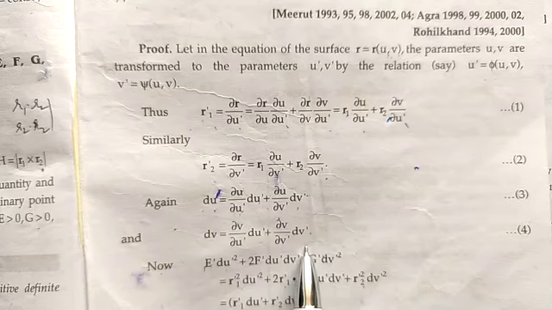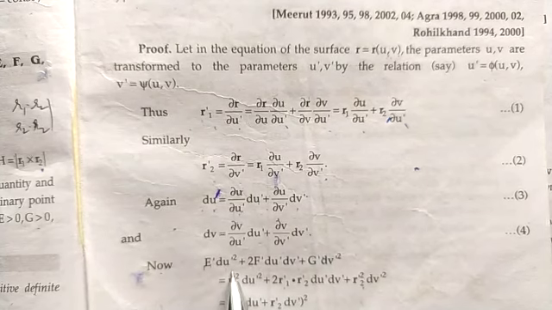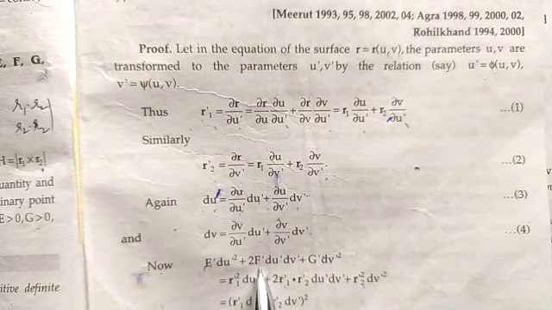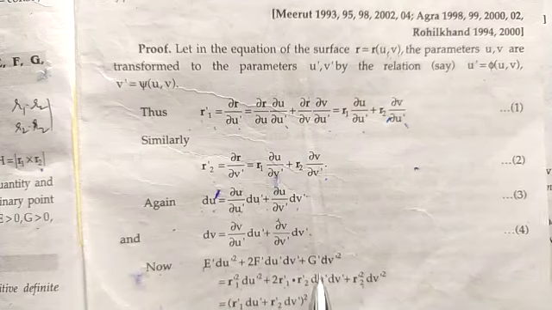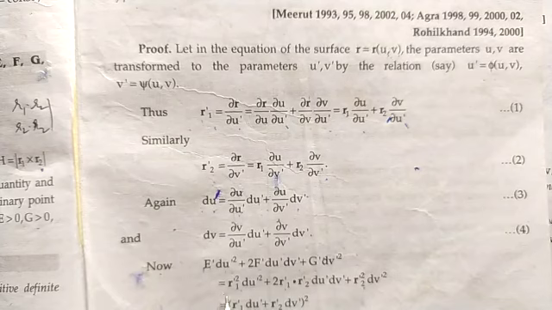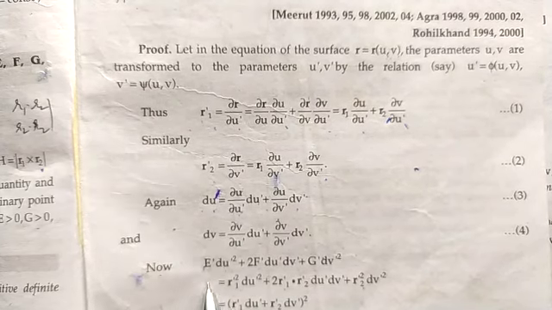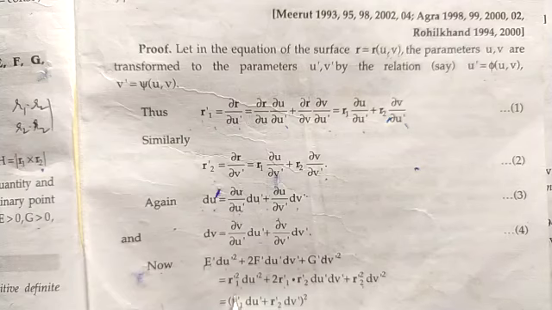Now let us find the metric, which by definition is E dash du dash square plus 2F dash du dash dv dash plus G dash dv dash square. Now substituting the values here, what is E dash? That is r1 dash dot r1 dash.